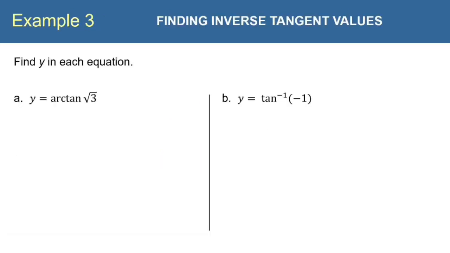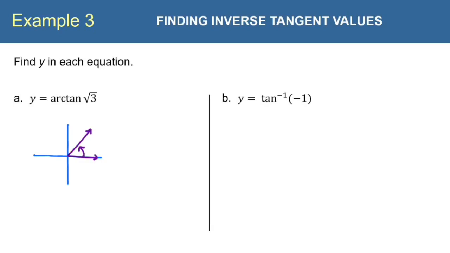So here's example 3. Again, find y in each equation. In part A, it says y equals arctangent of √3. So we know that we're looking for an angle whose tangent is √3, and first we need to decide what quadrant that angle would be in. This is a positive tangent value, so if our choices for quadrants are 1 and 4, then we're going to have to go with quadrant 1 because that's the quadrant that has positive tangent values.